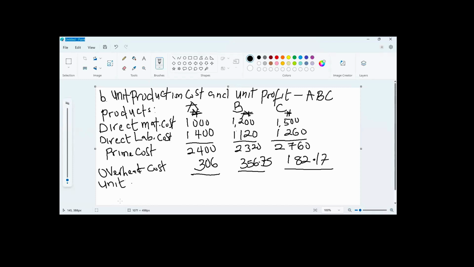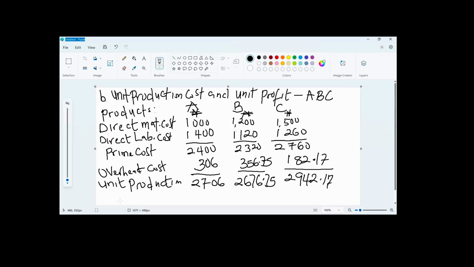Please sum: 2,706. Then 2,676.75. Then the last one, 2,942.17. You have gotten unit production cost.